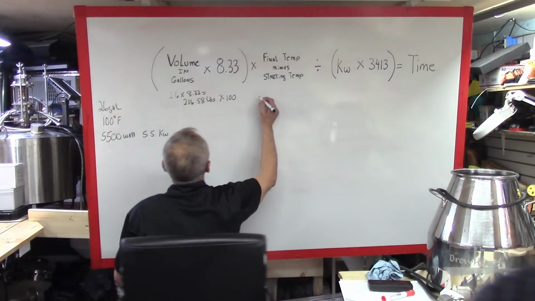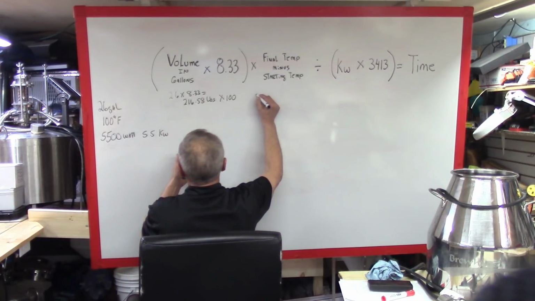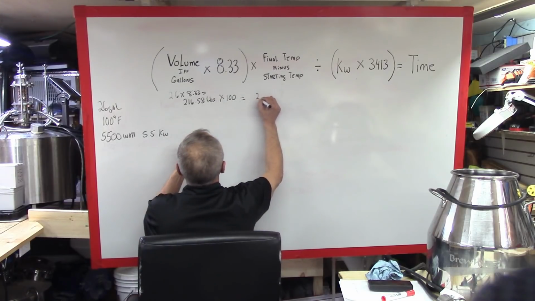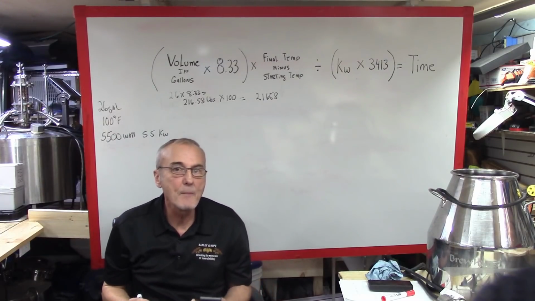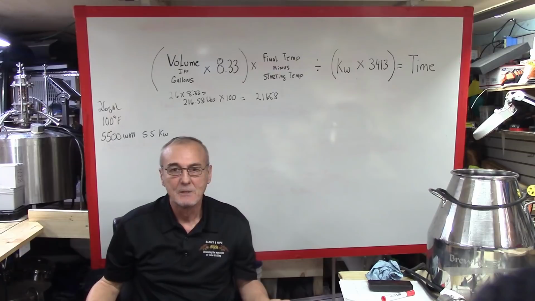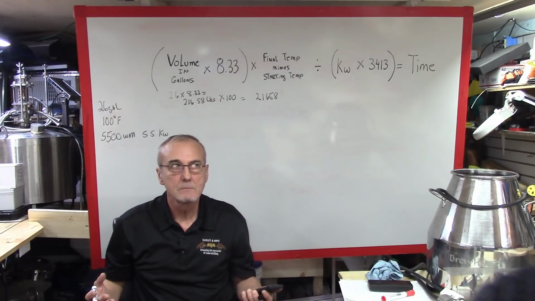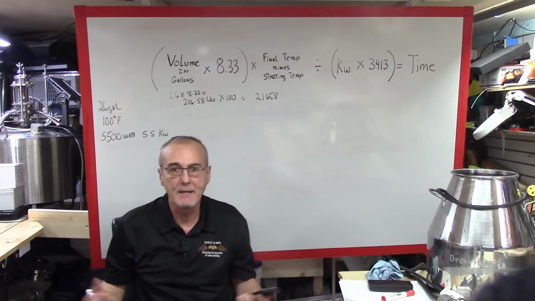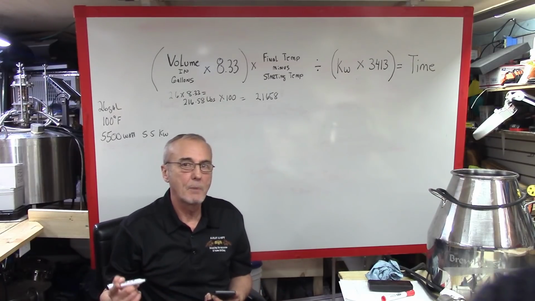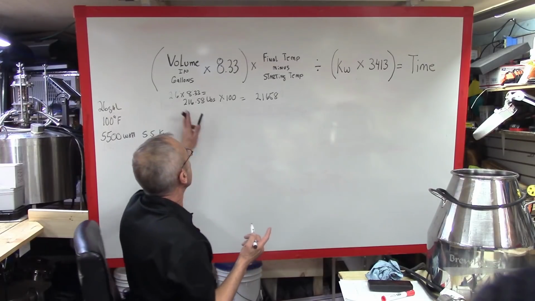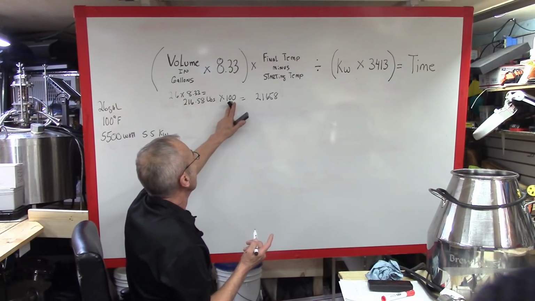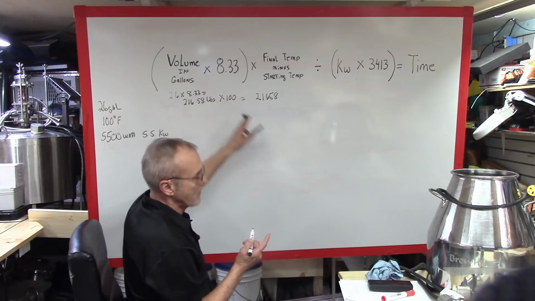That equals, I should be able to do this off the top of my head, 21,658. That's how many BTUs I need, because I can raise 1 pound with 1 BTU, but I want to try to raise this many pounds by that many degrees.